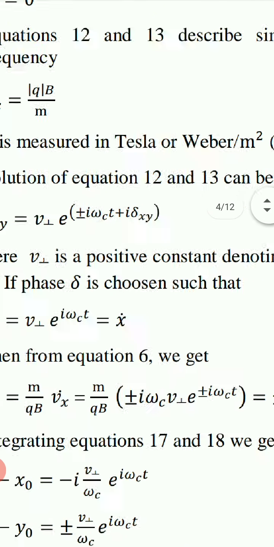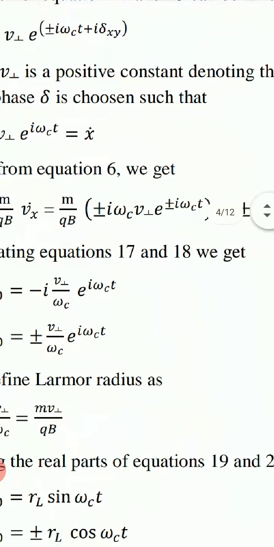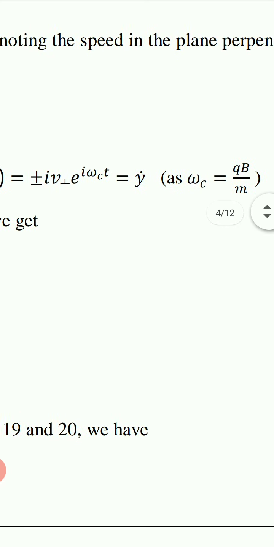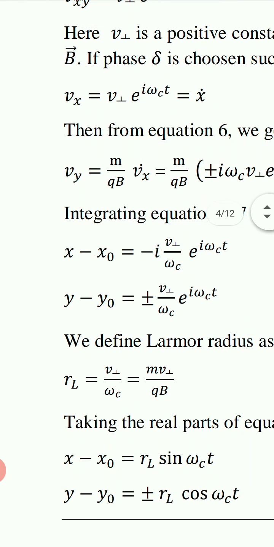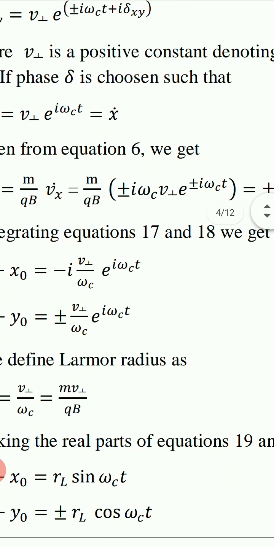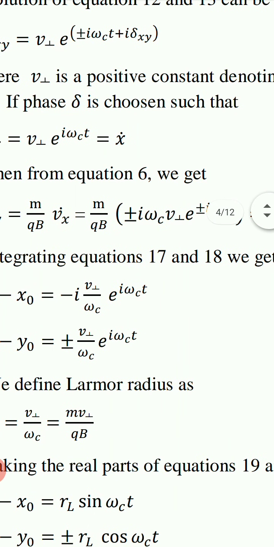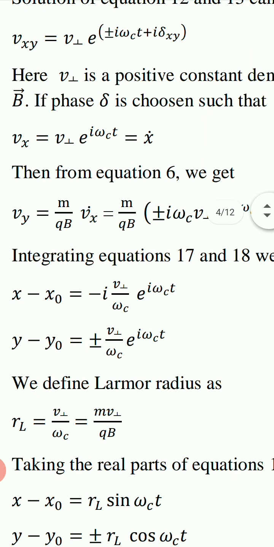Here V perpendicular is a positive constant denoting the speed in the plane perpendicular to the B vector, if the phase delta is chosen such that delta x or delta y, these are the phases for solutions Vx and Vy. This equation actually represents two equations, one for Vx, then we have delta x, the other is for Vy, then we have delta y.